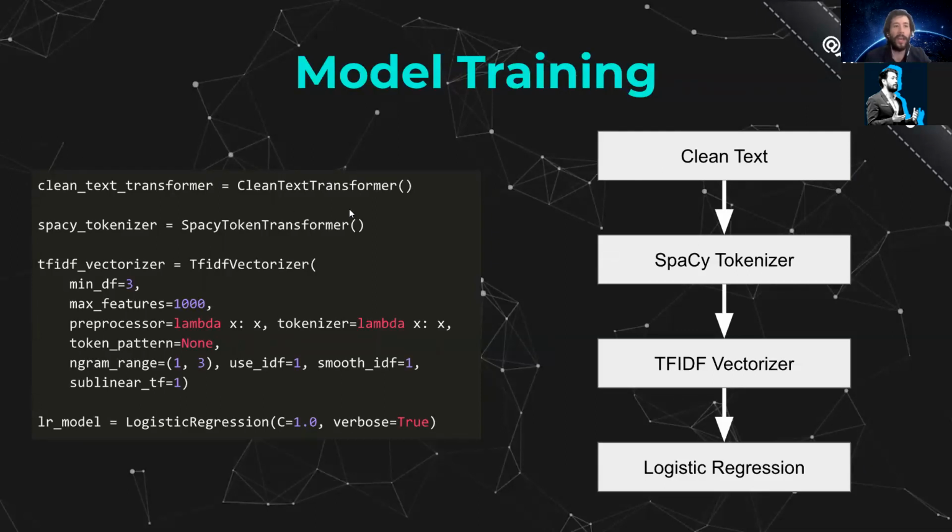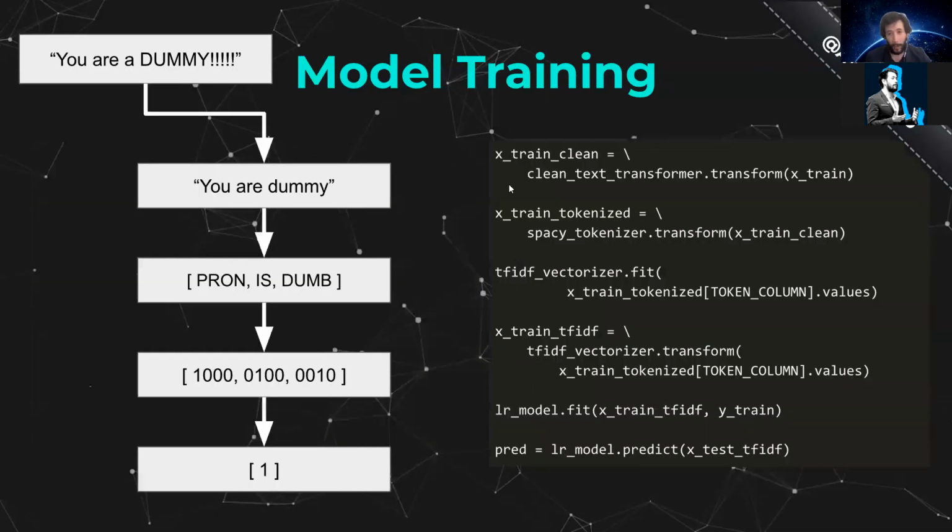This is with SpaCy. That's going to convert the text into actual tokens. Then we're going to convert those tokens into our TF-IDF vectors, vectorizer, and then that's going to be fed into our logistic regression model, our logistic regression classifier, right? And these are the parameters that we use. And the way that basically this is going to look like, an input.